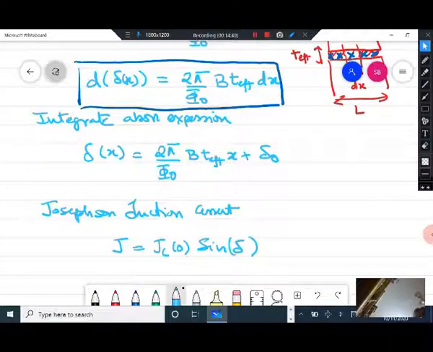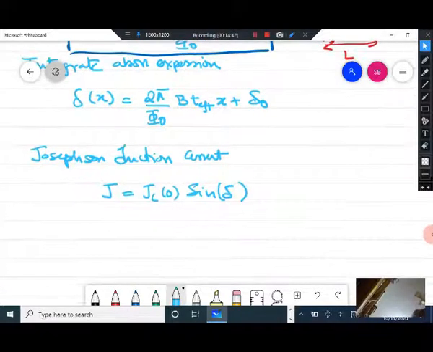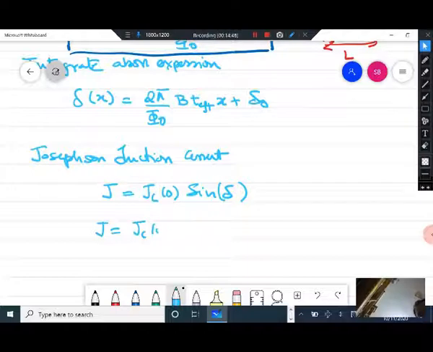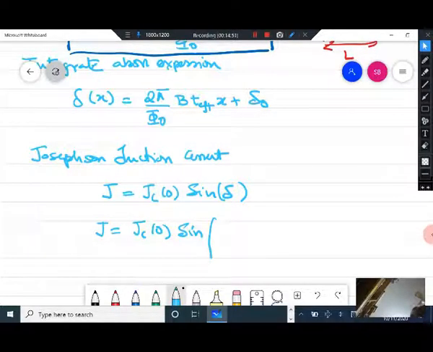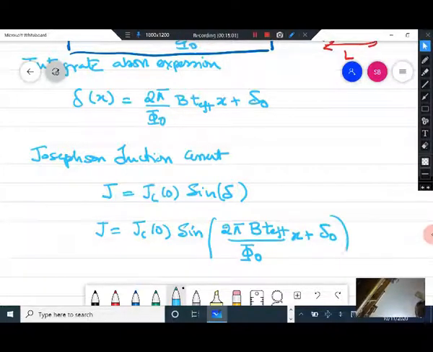You remember this is your Josephson junction relation, so this will be nothing else but J is equal to JC0 sine of 2 pi B into T effective by phi naught into x plus delta 0. So the current now is a function of x.